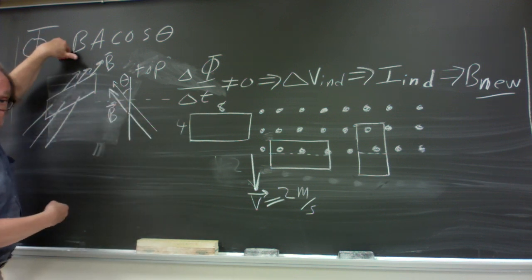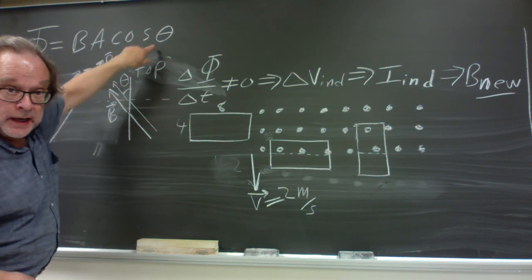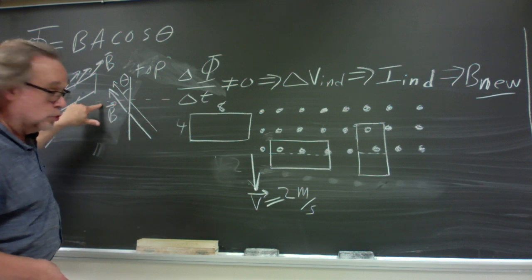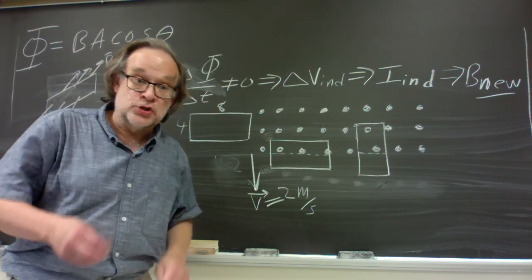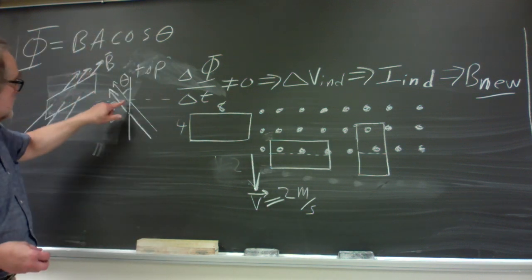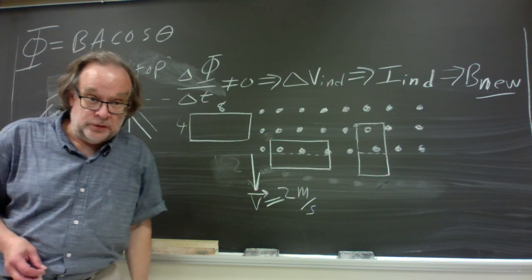This angle theta is the angle between the axis of the loop, a line perpendicular to the plane of the loop that passes right through its center, and the direction of the field.